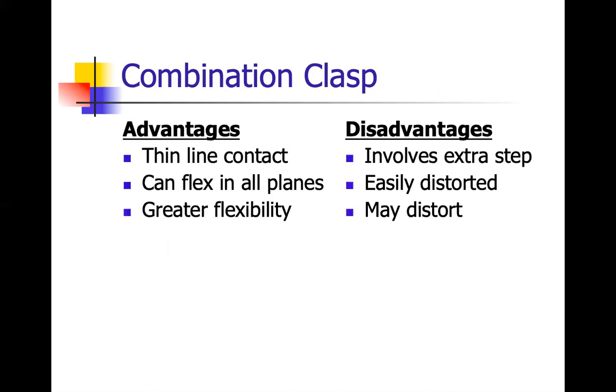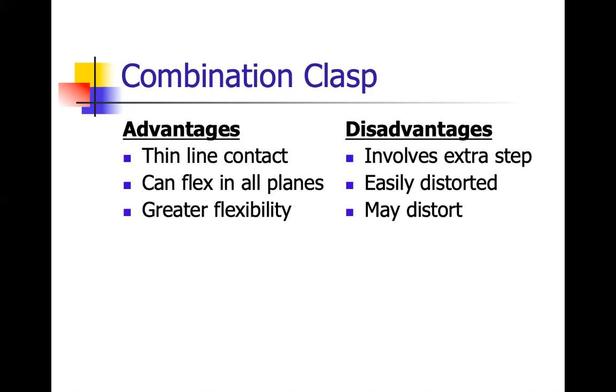The advantages of the combination clasp are that it has thin line contact, so there will be less food impaction. It can flex in all directions and has greater flexibility, so it can be placed in a deeper undercut without any hazard to the abutment.